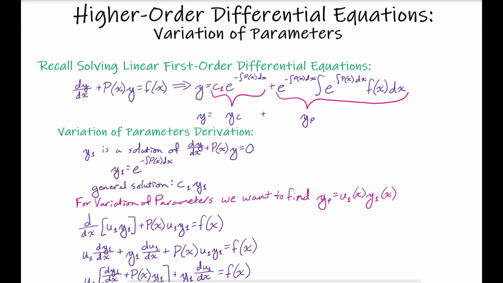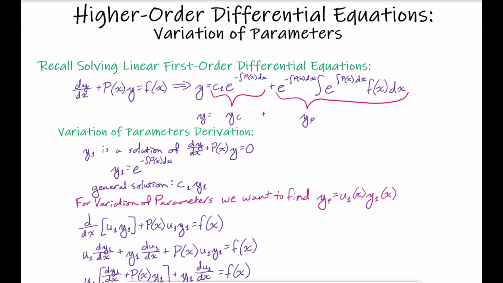Well, we would look at this and say, if I'm looking at dy/dx plus p of x y equals 0, that homogeneous differential equation, I know that e to the negative integral of p of x dx is going to be a solution of that. So I know that there's a general solution, c1 times that y1 solution.